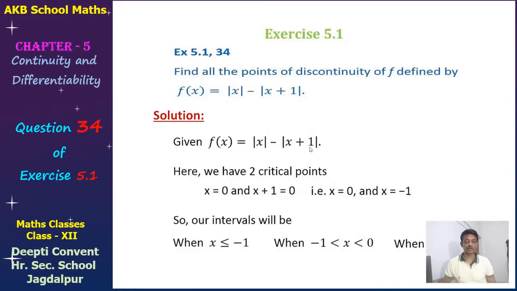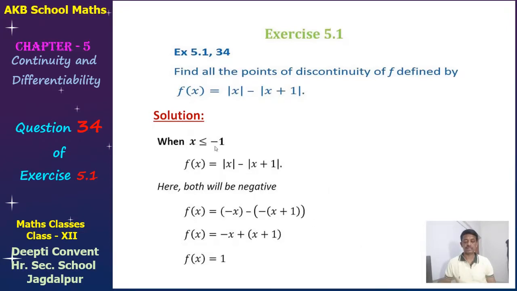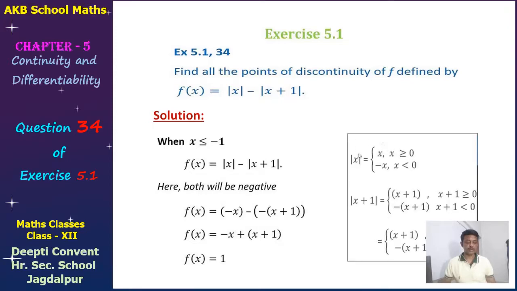For converting this modulus function to a simple function, when x is less than or equal to minus 1: the modulus function is mod x equals x for x greater than or equal to 0, and minus x for x less than 0. Also for mod x plus 1, taking x plus 1 in place of x: it is x plus 1 when x plus 1 is greater than or equal to 0, that is x greater than or equal to minus 1, and minus (x plus 1) when x plus 1 is less than 0, that is x less than minus 1.